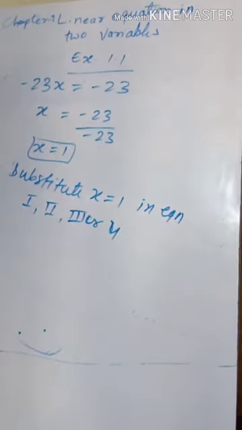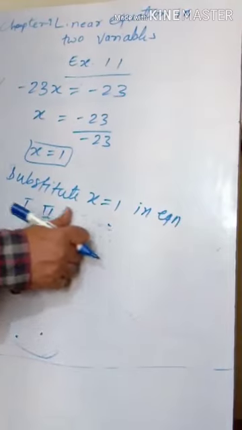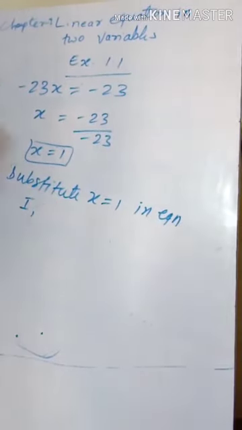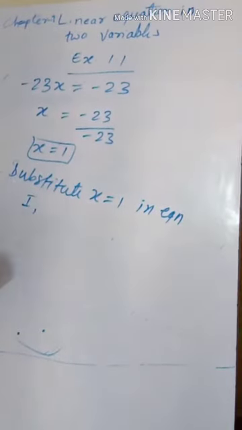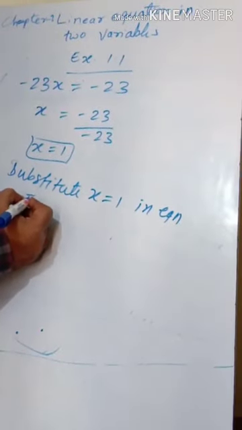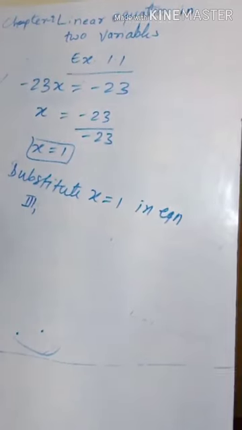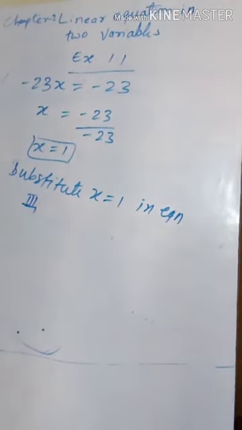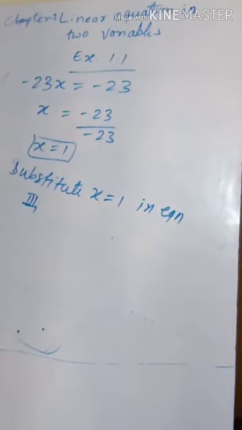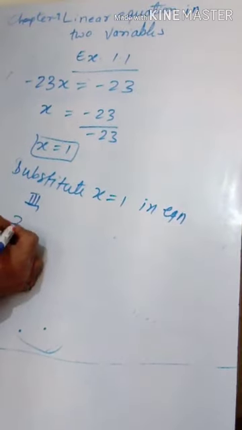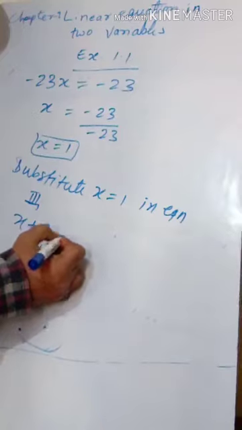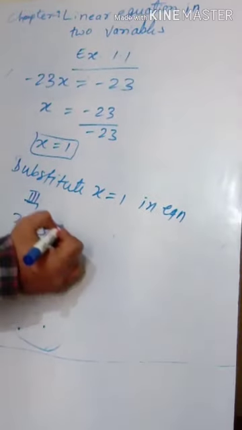Any one equation we can take, so we take only one. We will take equation number 3. And equation number 3 is what? Equation number 3 is x plus 3y is equal to 10.